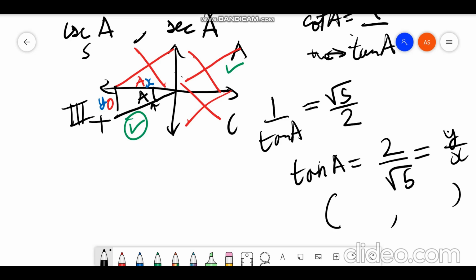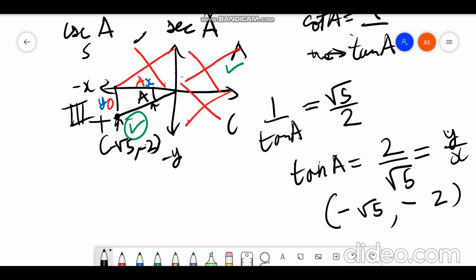One of the coordinates that lies on the line is y is 2 and x is root 5, but the signs need to be negative because this side is negative x and this side is negative y. So one of the points is negative root 5 and negative 2.